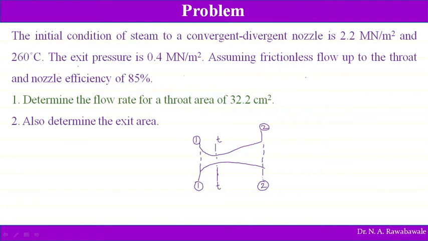The initial condition of steam at the inlet of the nozzle is 2.2 meganewton per meter square. So this is pressure P1 at the inlet, and 260 degrees Celsius, so temperature of steam at inlet T1 is 260 degrees Celsius. Here pressure and temperature are given, which gives us a hint that the steam at the inlet is superheated steam.